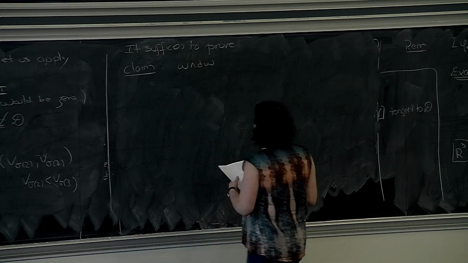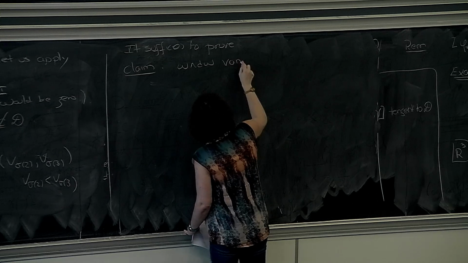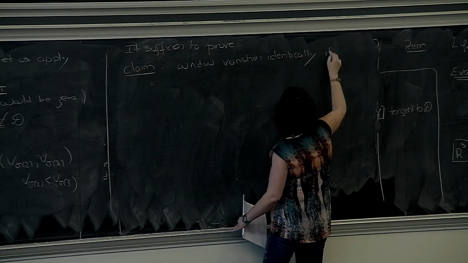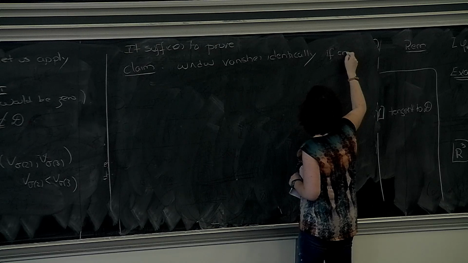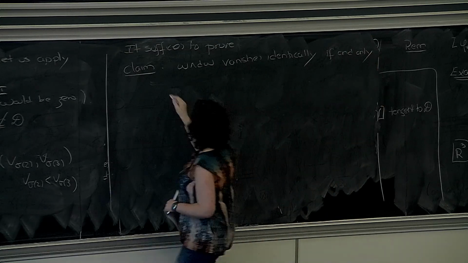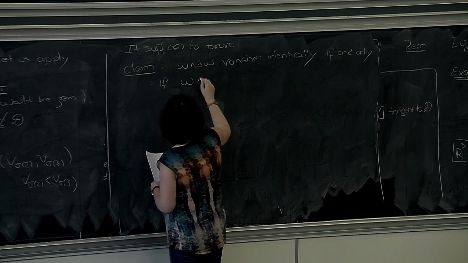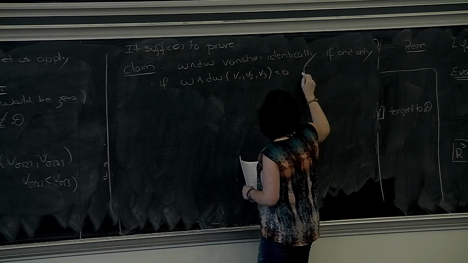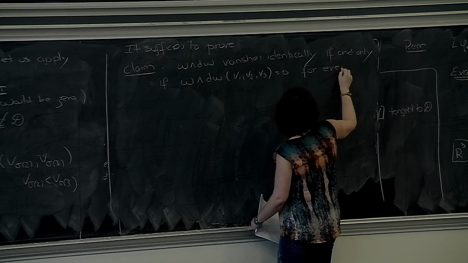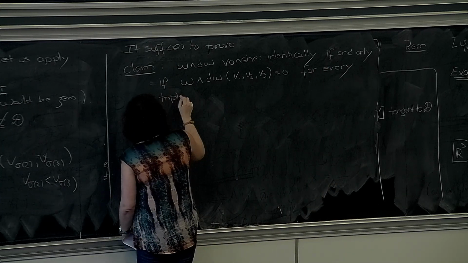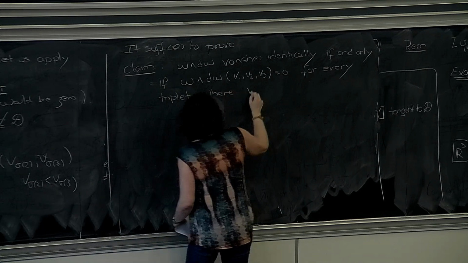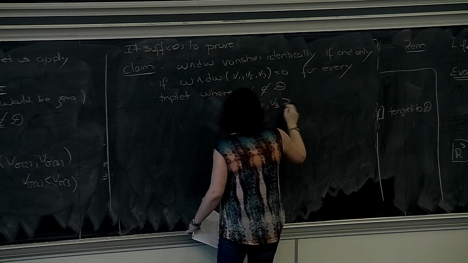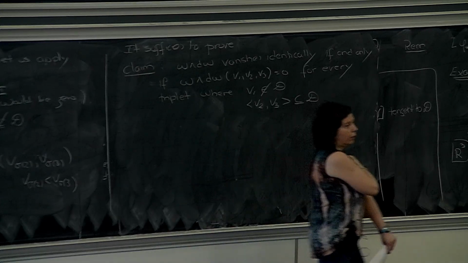And I can say that it suffices to prove the following. We can say that W dW vanishes identically if and only if W dW at V1, V2, V3 is 0 for every triplet where V1 is not in D and the linear subspace generated by V2, V3 is contained in D. Okay?